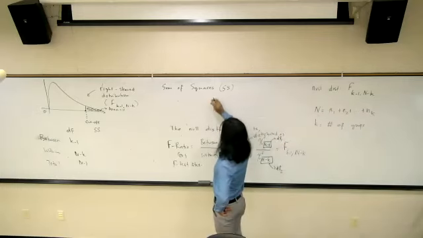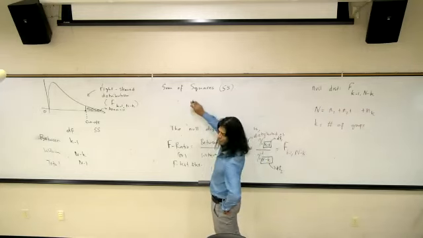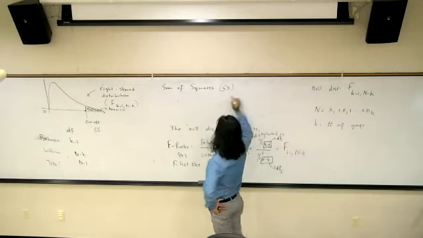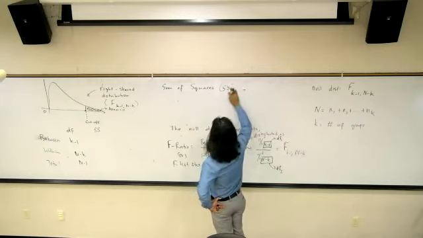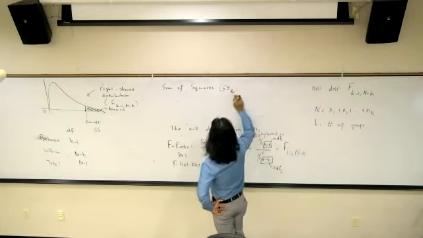So the numerator part of the variance formula is sum of squared deviations. I just call it B for short.